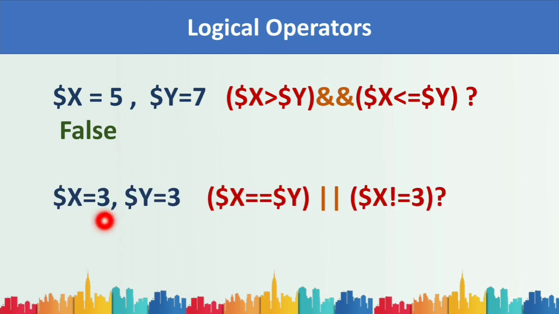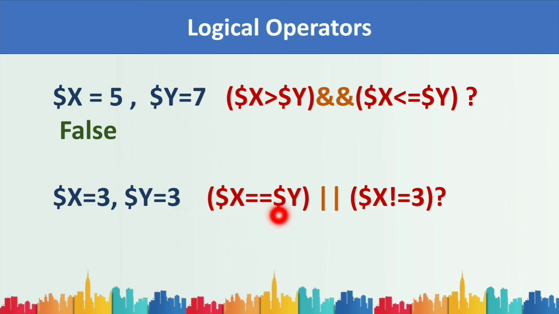Okay, now let's check with another example. Here we have x and y holding the same value. Here we have two conditions combined with a logical OR operator. The condition of the OR operator is that at least one of the inputs should be true. So let's check. The first condition is x equal to y. Are they equal? Is 3 equal to 3? Yes, it is equal, so one condition turned true.